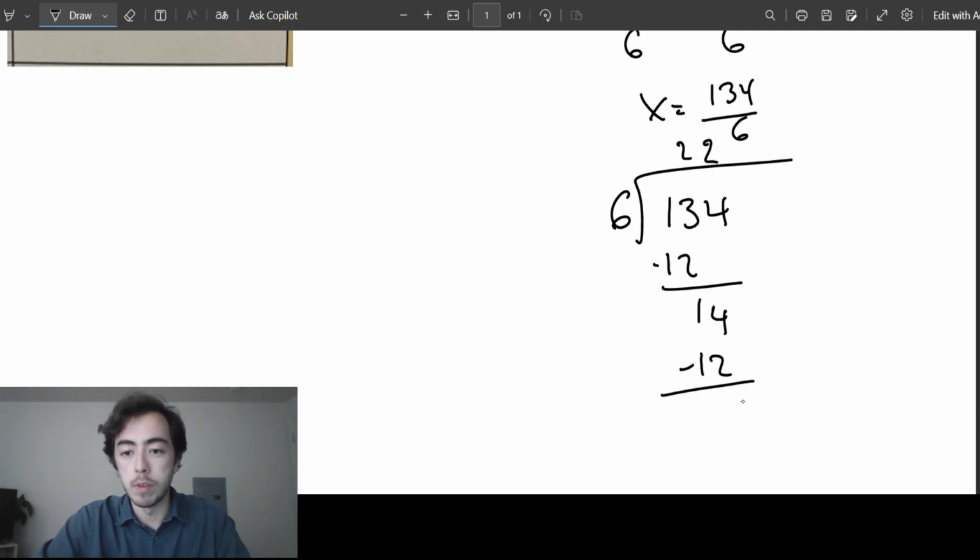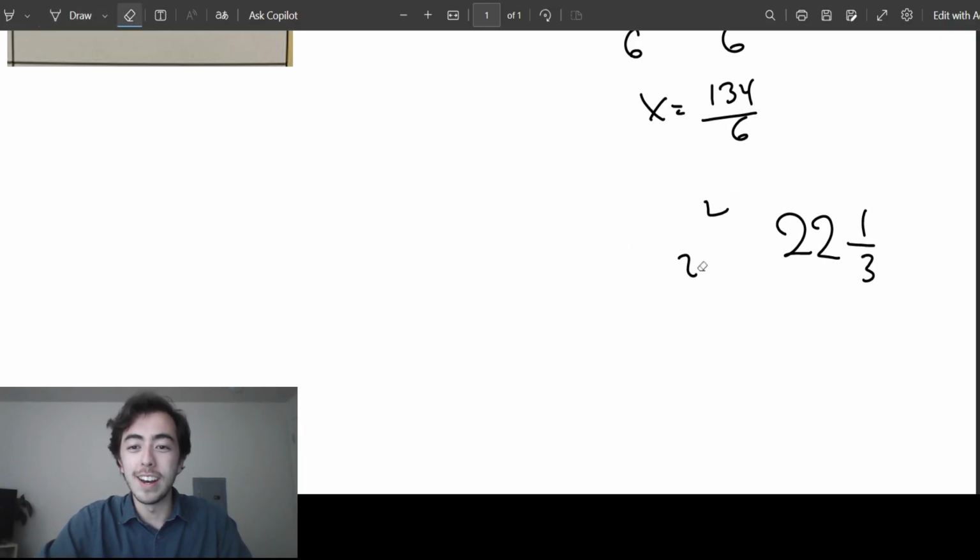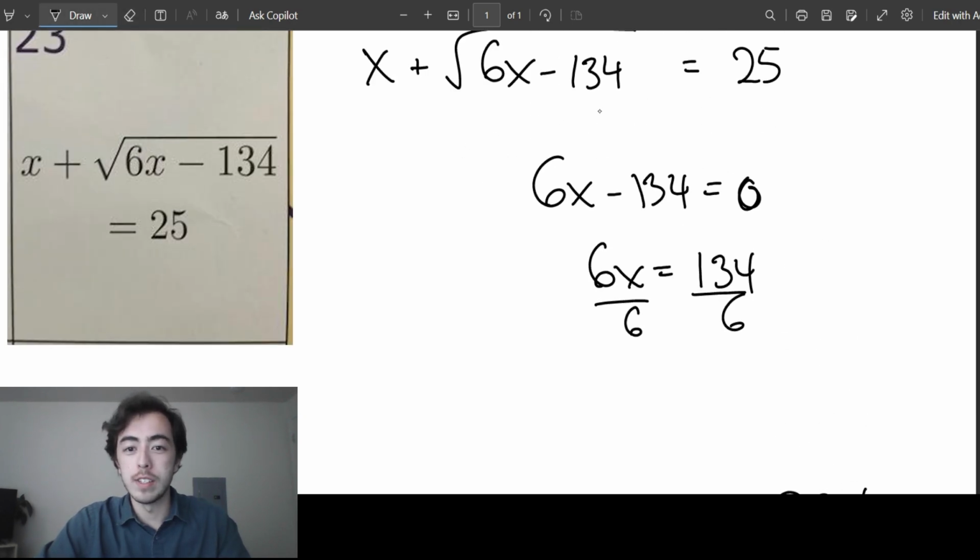The remainder is 2, and you can always add your remainder divided by your divisor onto your quotient. So ultimately our answer here is 22 and 2/6, or I guess just 22 1/3. This is the very smallest number for x that I could even consider putting underneath that square root sign, because it's 22 1/3 that causes this to become 0.